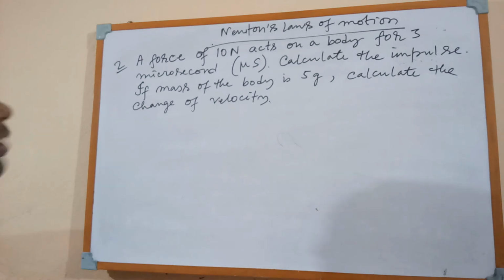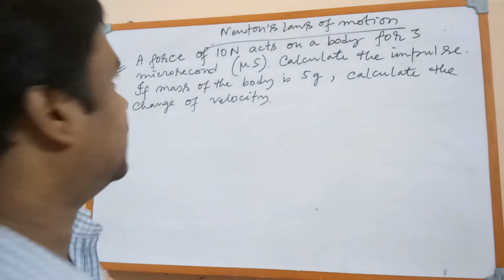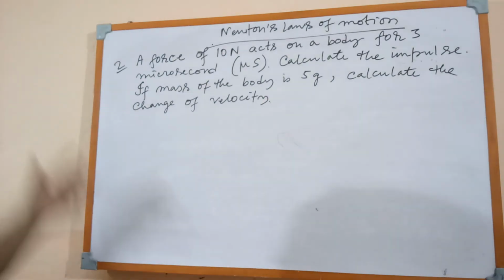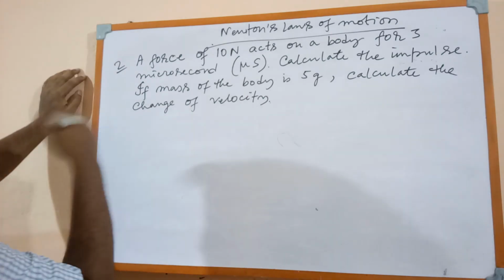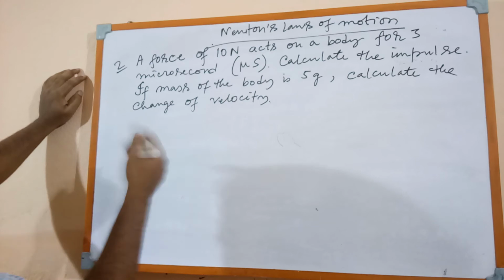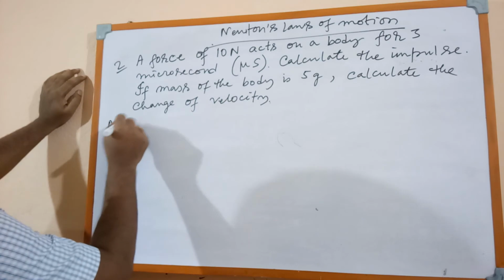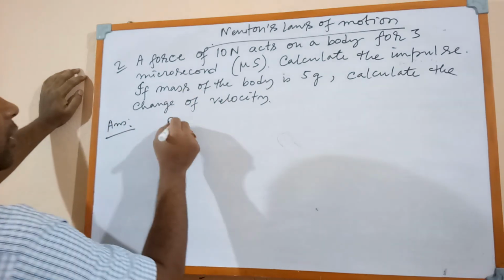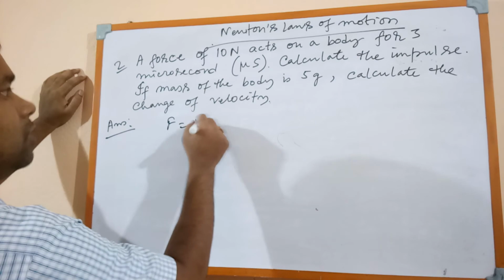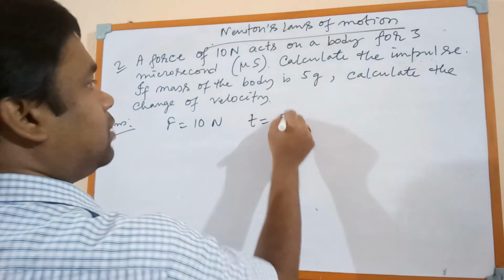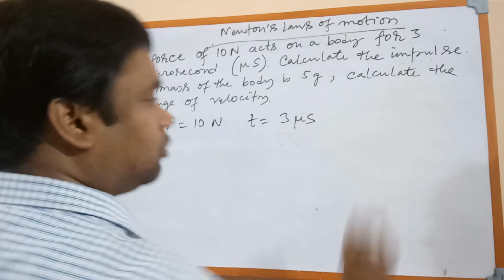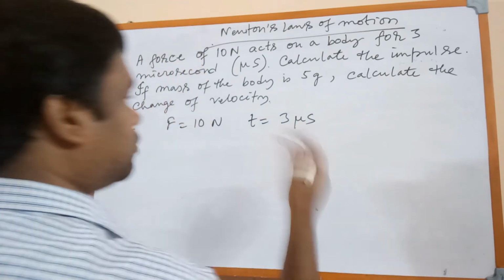You have to first calculate the impulse. Here you have to list the quantities given and not given. The force F is given, 10 Newton, and the time is 3 microsecond, and you have to convert the microsecond into second.